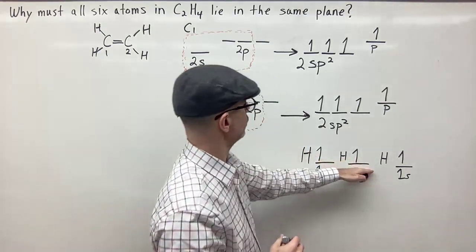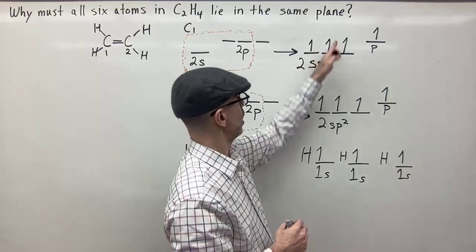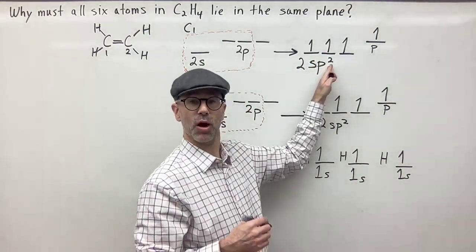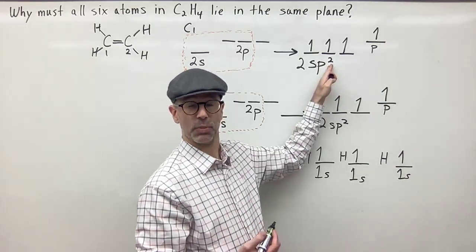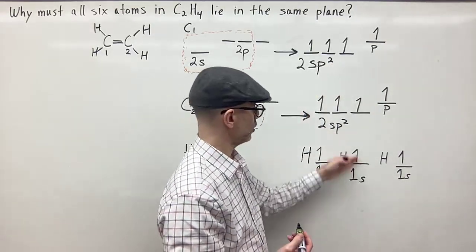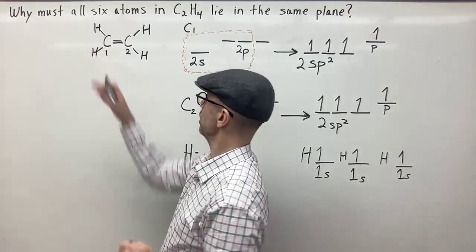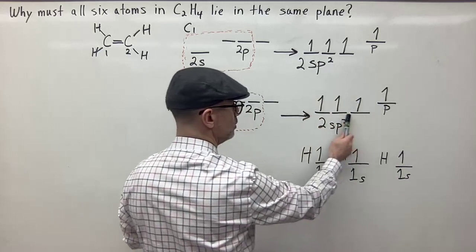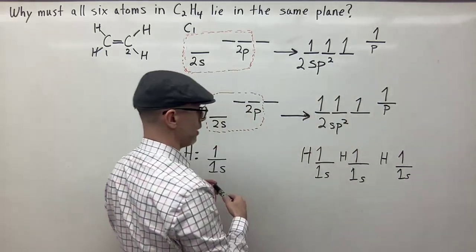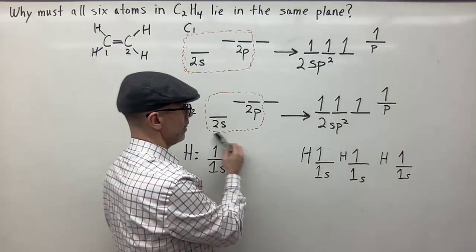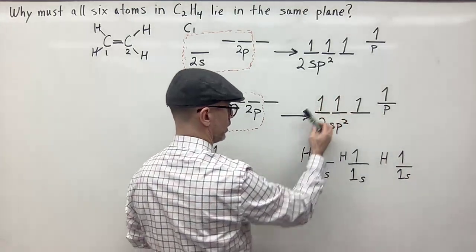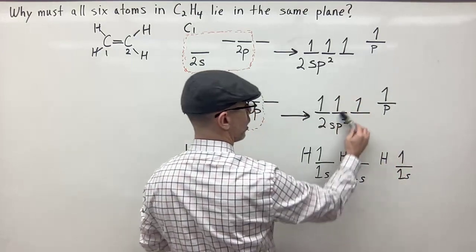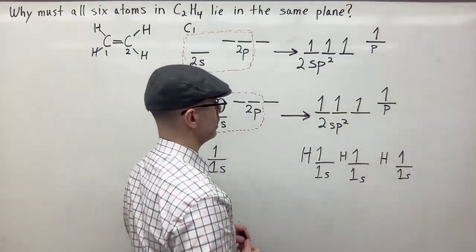Then this hydrogen here will pair up with another sp2 orbital on carbon 1. That's going to create another sigma bond. And the same thing with this carbon as well. So here's one that could pair up with that one there, forming a sigma bond, and then the last one here could pair up with that one, forming a sigma bond.